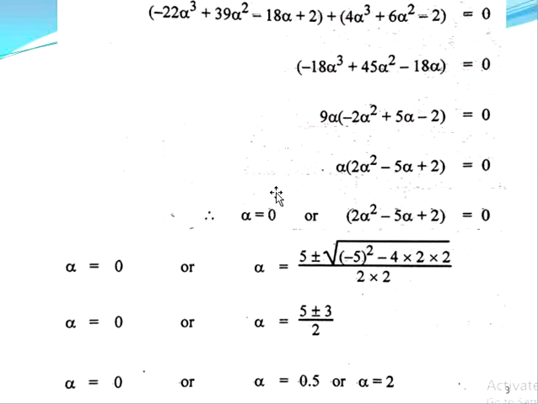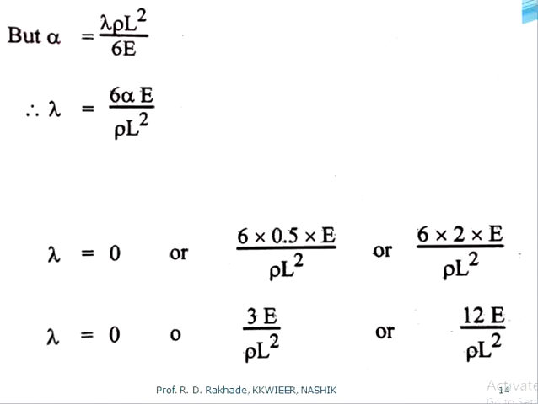This is the first value, alpha is equal to 0, and by using the quadratic equation after solving we'll get alpha equal to 0.5 and alpha equal to 2. So there are three values, alpha is equal to 0, then 0.5 and 2. We know that alpha is equal to lambda rho L square upon 6E.